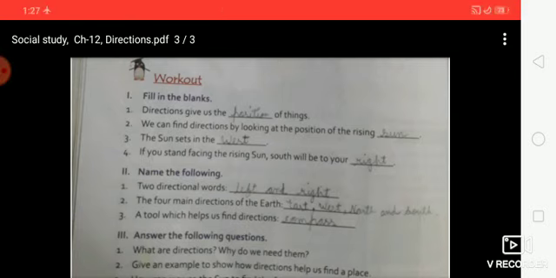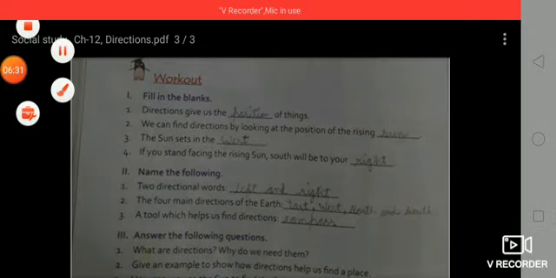They are fixed: north, south, east and west. We use the position of the sun to find the main directions. We can also use a compass. The needle of a compass always points toward the north.